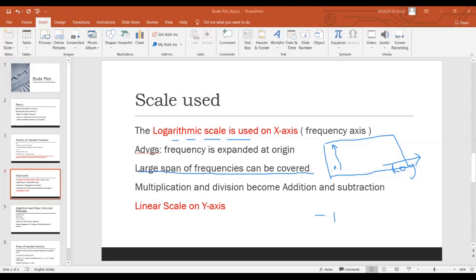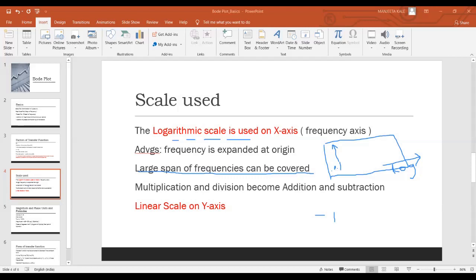And so frequencies are expanded at origin. That means instead of having 0.1, 0.2, 0.3, we directly have 0.1 and then we can have 1. In between, we have sufficient space to plot the points, which we will not have if you have linear scale. Okay, so those are the advantages of using logarithmic scale.